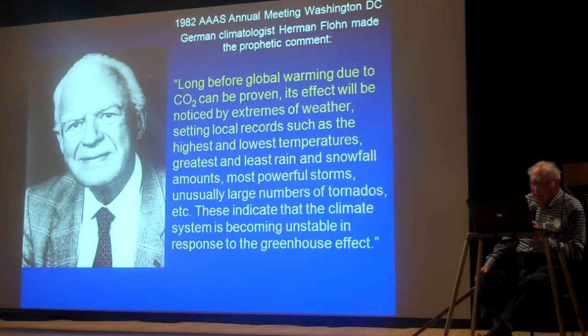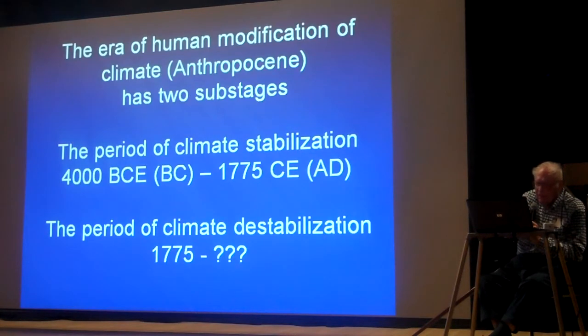Herman Flohn, back in 1982, made the comment that long before global warming due to CO2 can be proven, its effect will be noticed by the extremes of weather, which you've just heard about, setting local records such as the highest and lowest temperatures, greatest and least rainfall, snowfall amounts, most powerful storms, unusually large numbers of tornadoes, etc. These indicate that the climate system is becoming unstable in response to the greenhouse effect.